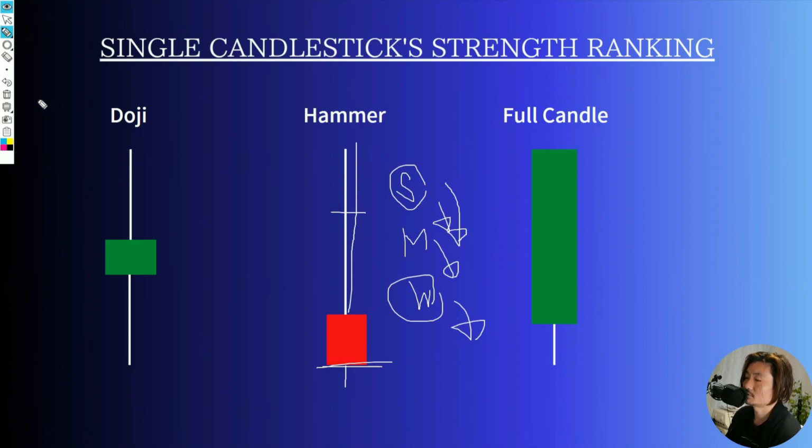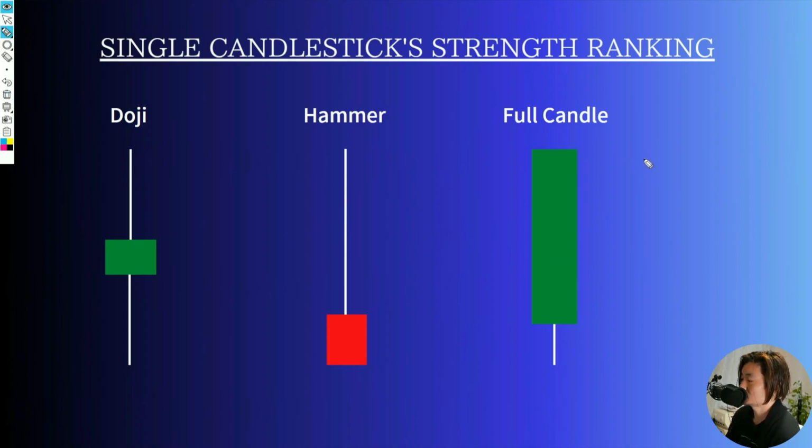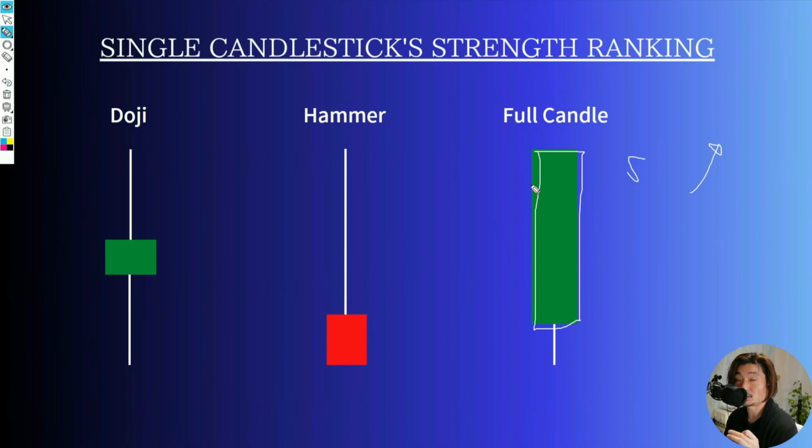Okay, so now let's go on to the full candle. All right, so a strong full candle that shows future long strength in this case is a huge body. Now, what I mean by huge is that we really just have to compare it to prior candles. So if the body of a full candle is obviously larger than other candles prior, well, that will fit the criteria.